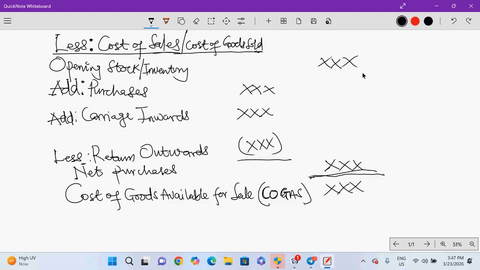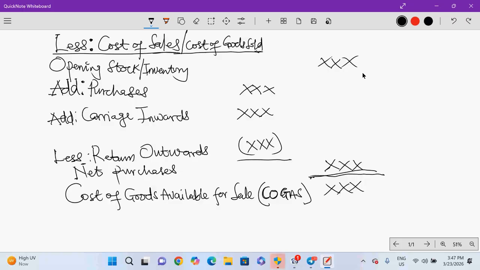Once the person takes the inventory, the balance in the business will no more be the same, right? So what do you think we should do?